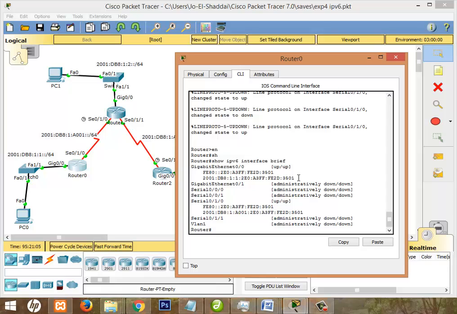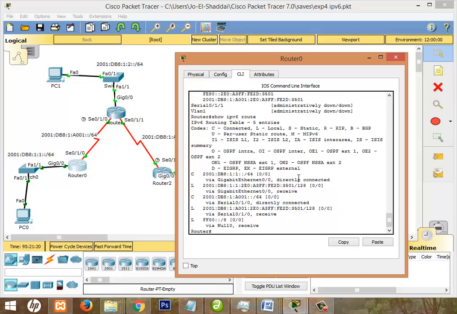We also have a command for that: since it is IP version 6, we have to type show ipv6 route for seeing the routes. What this particular command does is show the different routes in the routing table.